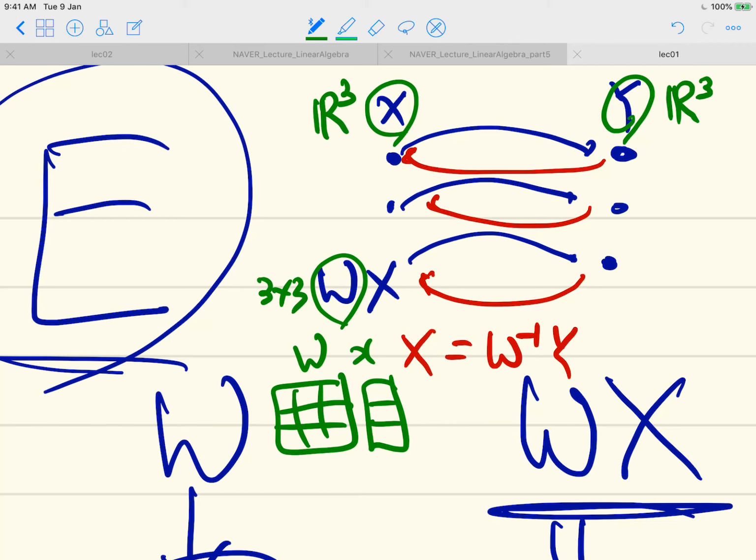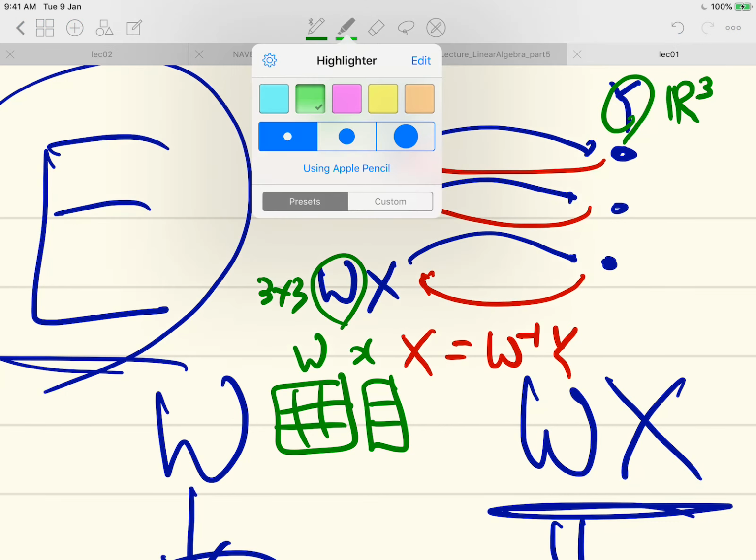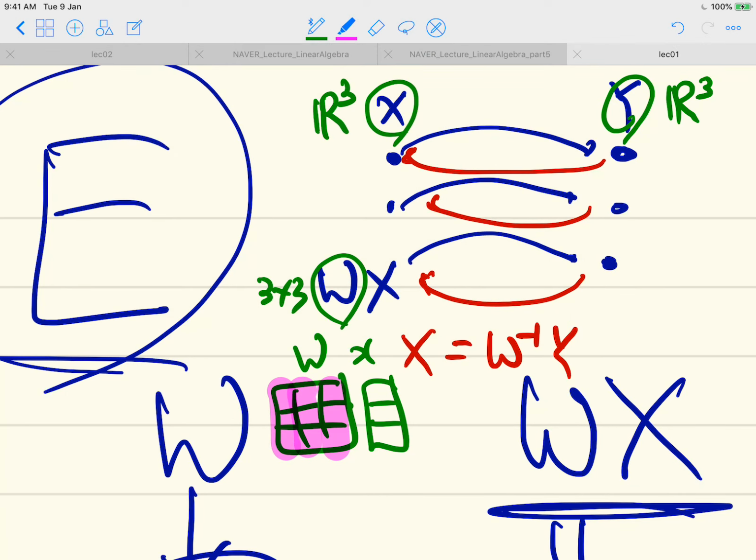One-to-one mapping cannot be achieved when we have linearly dependent columns. Why? We have 3 different columns in our W, and W times x is always understood as a linear combination of the 3 columns, right?